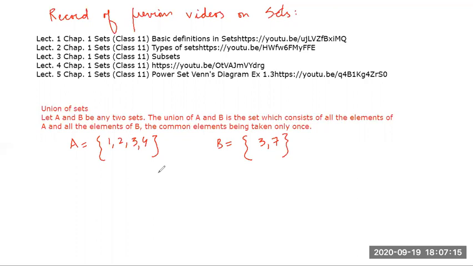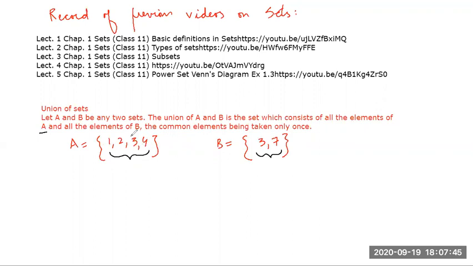The union of sets, students, is the set which consists of all the elements of A, all these 4 elements of A, and all the elements of B. Then the total elements become 4 plus 2, 6.